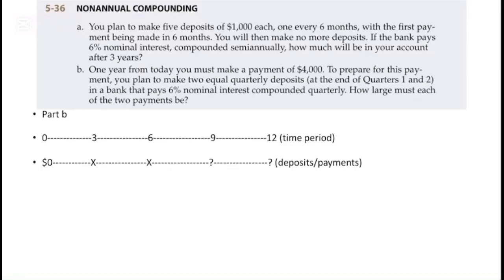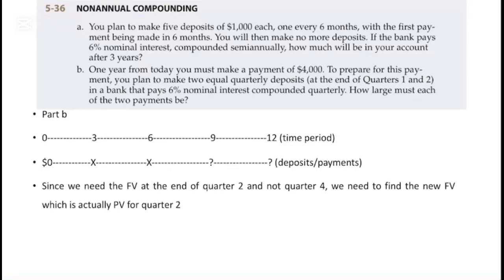And this is the schedule of deposits or payments. So at period 0, $0 are deposited. After 3 months, X dollars are deposited, and after 6 months another X dollars are deposited, and we don't know what the payments made in the third and fourth quarters are.